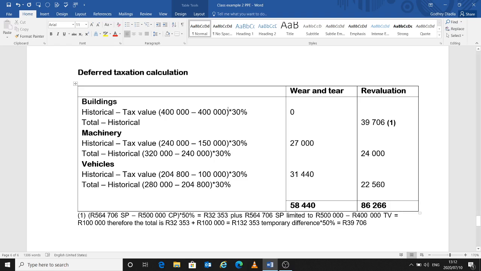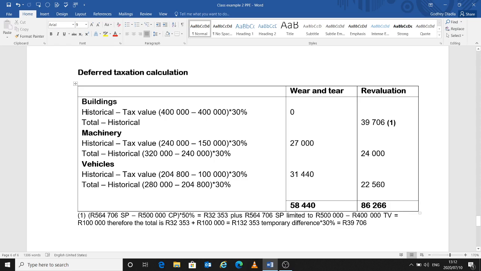It can't be 50. This must be 30, because that's the tax rate. Multiply by the tax rate of 30, it will then give you 39,706. So for buildings, everything that relates to deferred tax is revaluation because wear and tear is giving a 0.